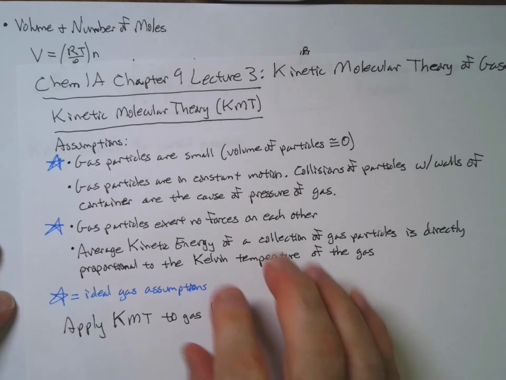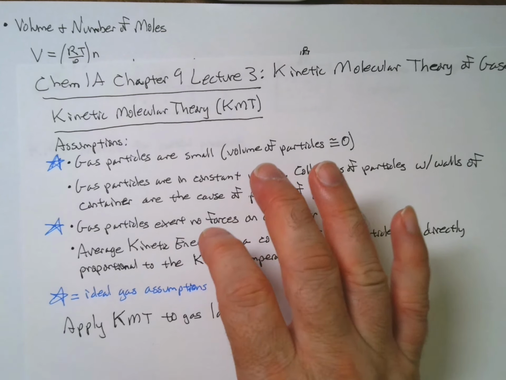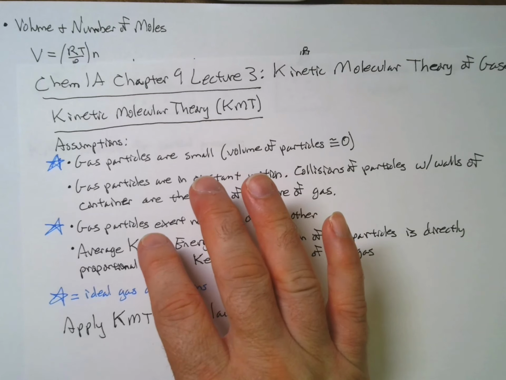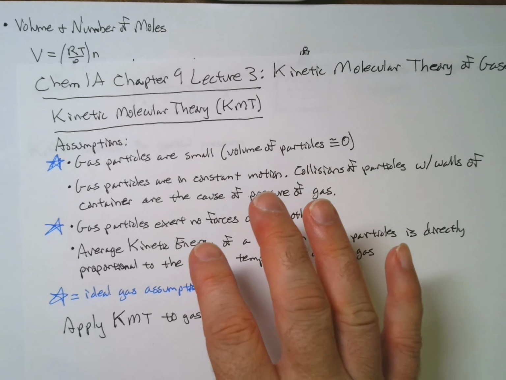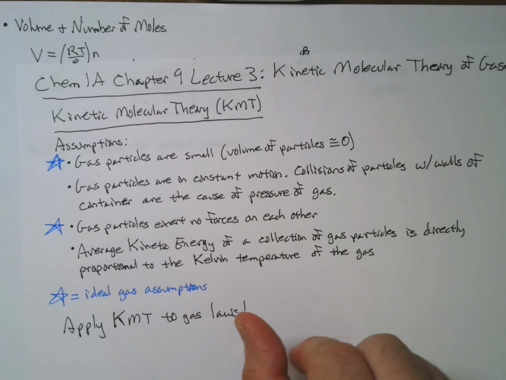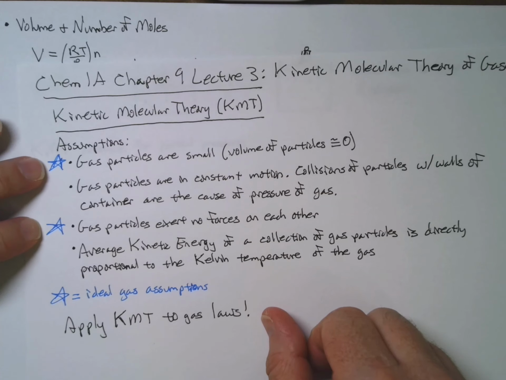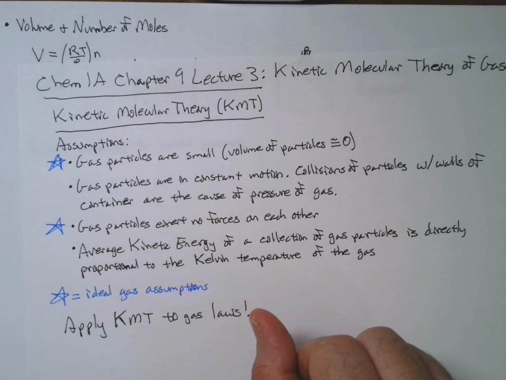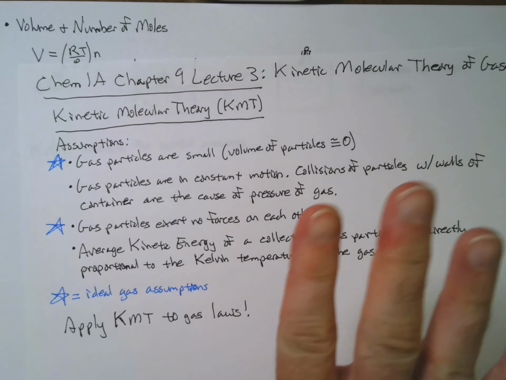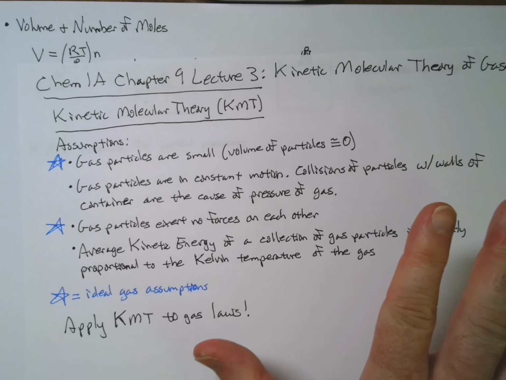And in the next lecture video, we'll take a look at cases where we don't have an ideal gas, where we have a real gas, and how we compensate for the fact that these assumptions may not be true. All right, well, that was the kinetic molecular theory of gases.